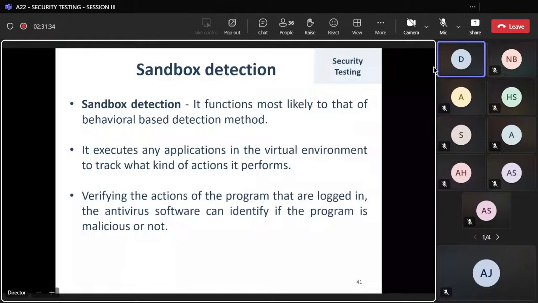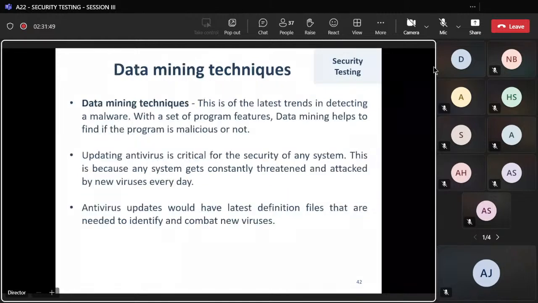I can say a sandbox environment, where they'll allow the malicious program to get executed, and they'll try to perform the analysis. Then data mining techniques are one of the latest trends in detecting malware. It will help you to find whether the program is malicious or not.